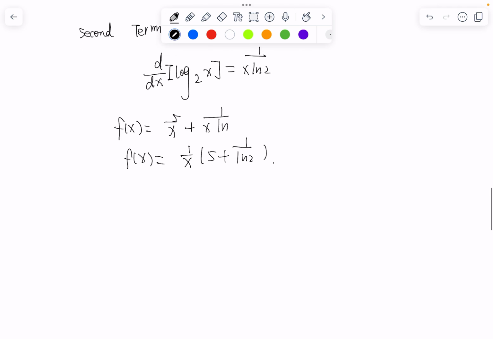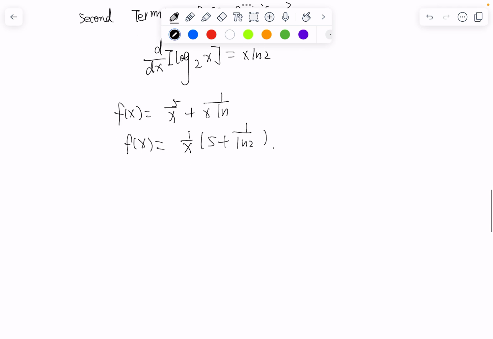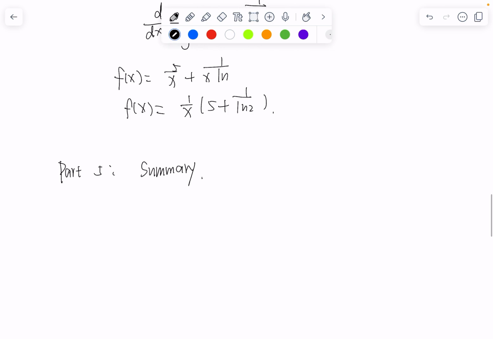So that's the final answer. So the summary, part 5, sorry. Summary. We learned 2 rules. The first one is, the second one is the general rule.